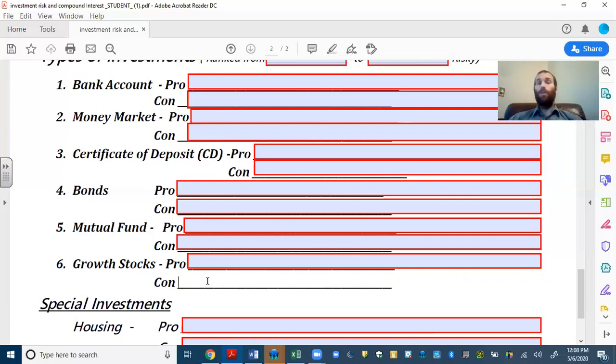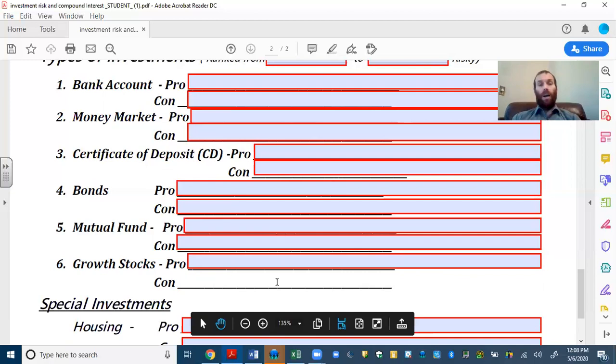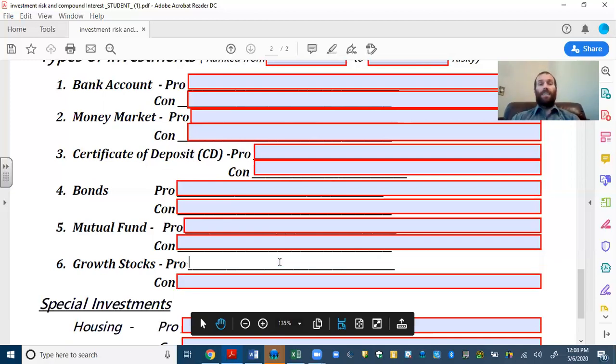As far as liquidity goes, you have the same problem as with mutual funds, that you can sell a stock on any weekday when the market's open and get your money. But if your timing's not good, you could be trying to sell it while it's going down, and you might have to wait days, weeks, months to try to sell that stock at a more valuable price to get all your money back. So liquidity would be a bit of a con, but another pro would be the tax status.